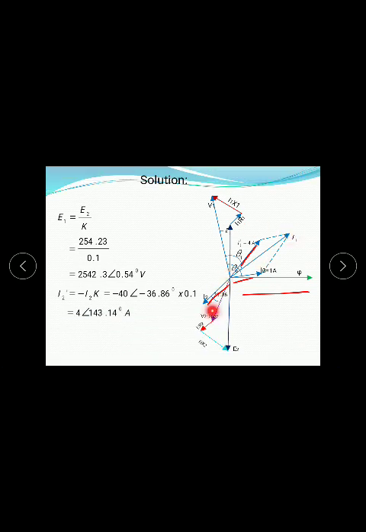Then V2, I2 R2 and I2 X2 will give the E2, and then E1, I1 R1, I1 X1 give the V1. So this is the vector diagram problem.